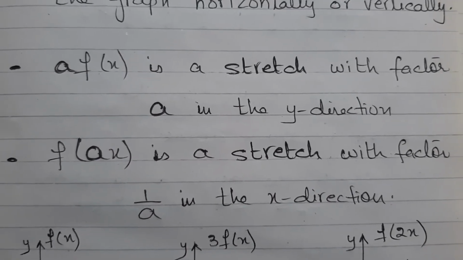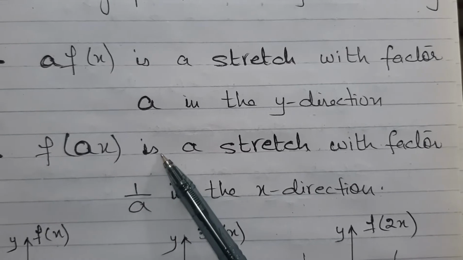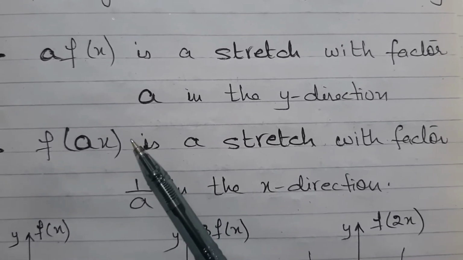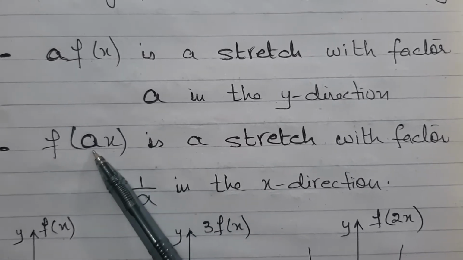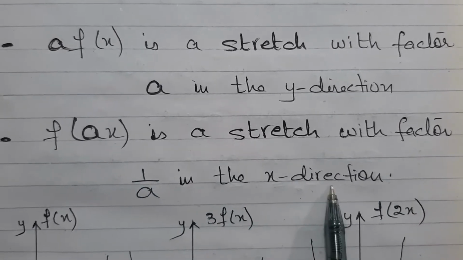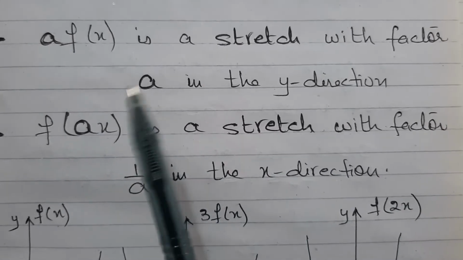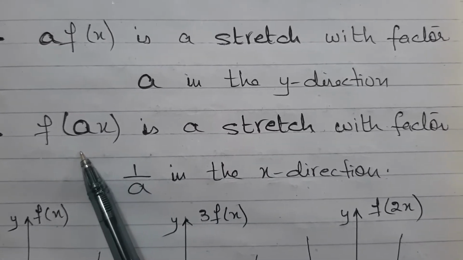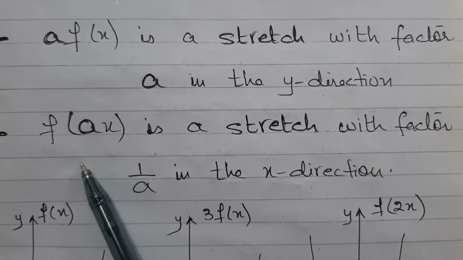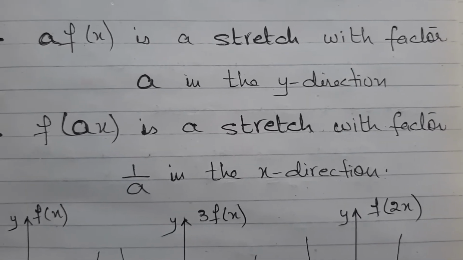So in this case, whatever points are given to you, the x coordinate of the point, you will divide by a. It is saying it is a stretch with factor 1 over a in the x direction. If these wordings are confusing, it simply means the x coordinates of the points which are given to you, you will divide by a. We will see the example. Let's see.